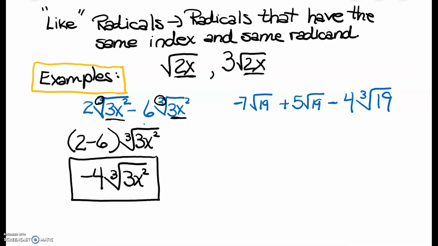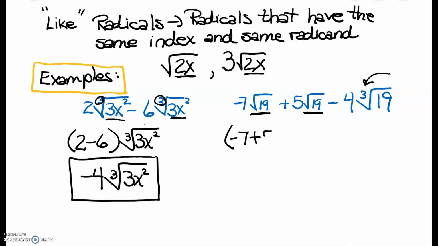You can notice that in the second example, we have the square root of 19 and the square root of 19. Those two radicals are alike, but this last radical is a cube root. Therefore, it is not like with the first two. So we'll go ahead and add the numbers that are in front of the first two.